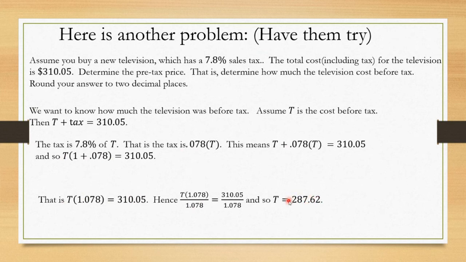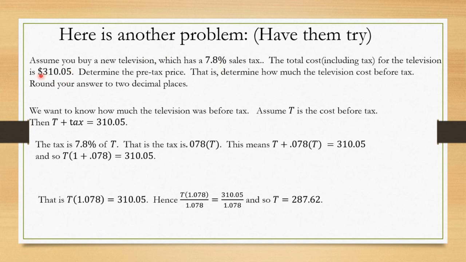And again, it was similar to the question from before. They're basically telling us that the cost of the TV plus a certain percentage of the cost is this. So the cost of the TV plus 7.8% of the cost is this.